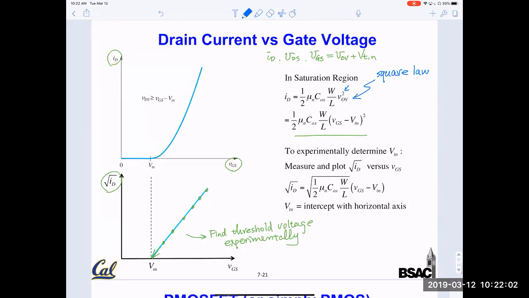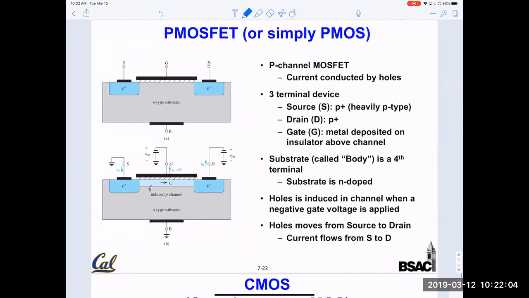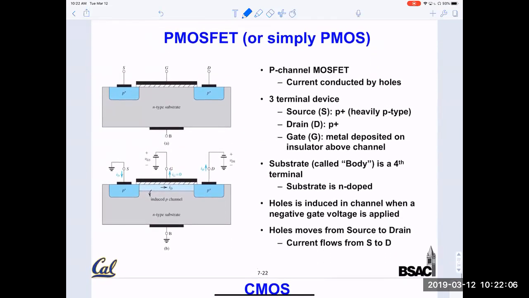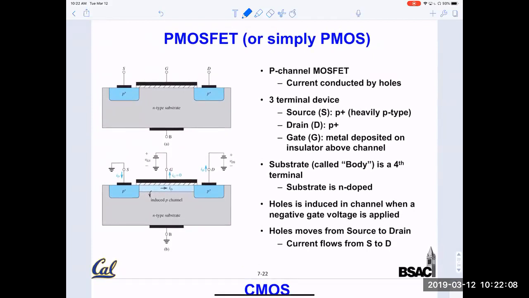Okay, all right. There is a complementary type of MOS transistor. You flip N and P totally. So you start with an N-type substrate. You dope your source heavily into P-type, so it's P+. You dope your drain heavily, so it's P+. For the gate voltage, now you will apply negative bias.